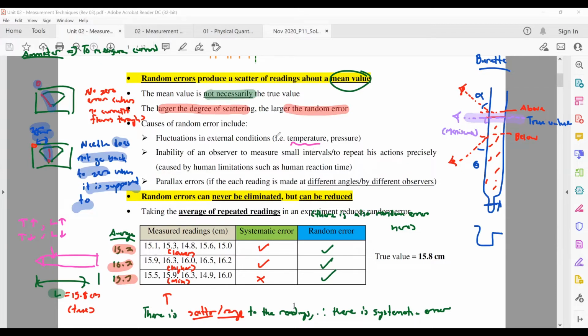Another thing that causes random error is the inability of an observer to measure small intervals or to repeat his actions precisely, caused by human limitations such as reaction time. What we mean by that is this. A lot of times in your Paper 3 later on, and even in the previous level, you might have done experiments that involve timing the oscillation of a pendulum bob.